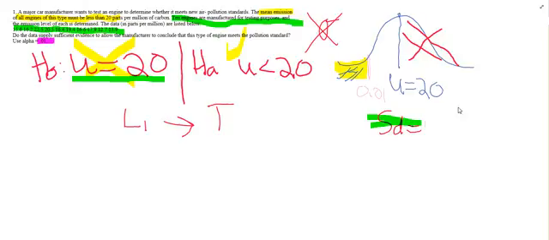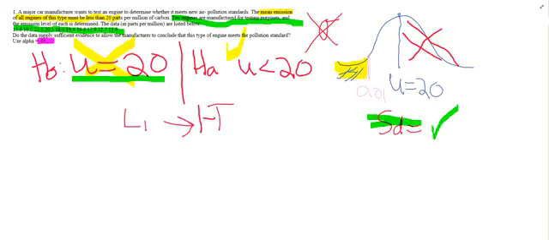But the calculator will do that for us if we use our t-test. So we're going to enter these in, and we're going to run a t-test on one sample, because we have one set of data. We're not comparing two separate engines or anything like that.